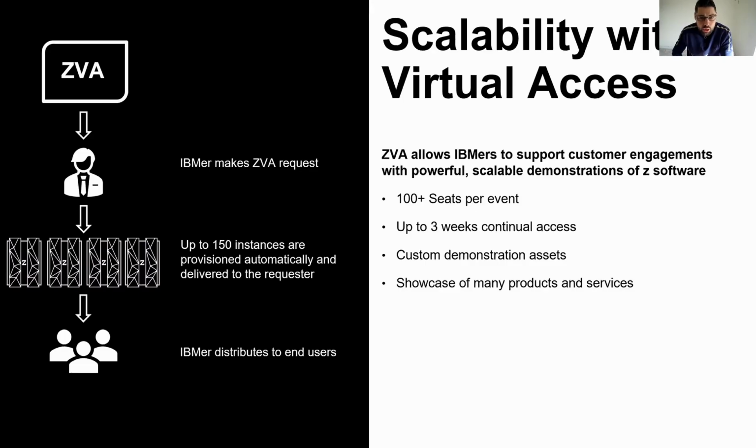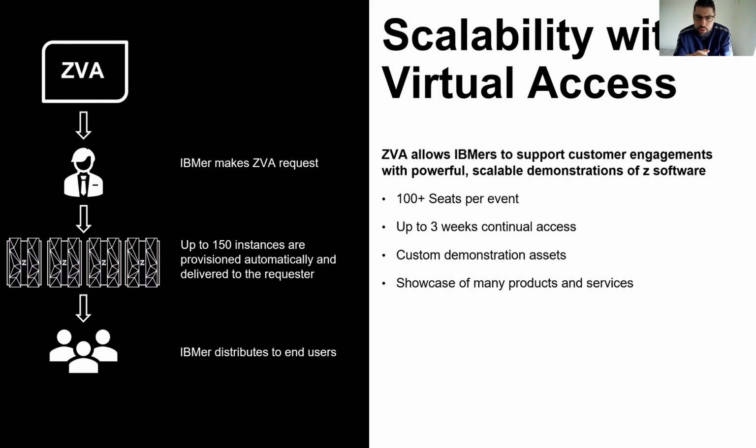To give you an idea of the other offering that we have available, we've started a second offering called Z Virtual Access, which is essentially the process by which we can give larger events access to this stuff.